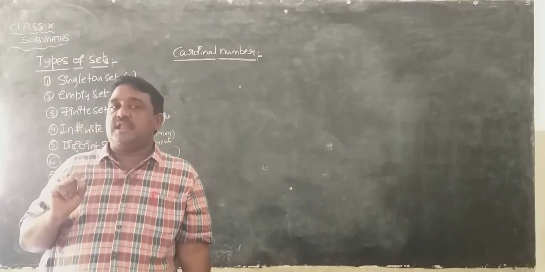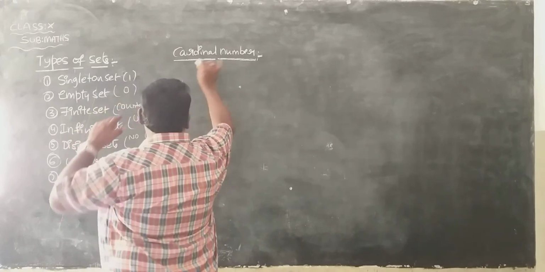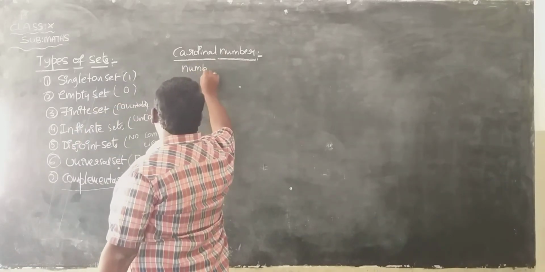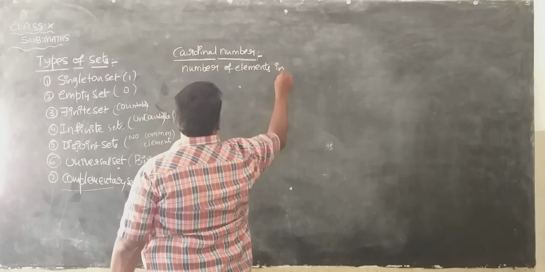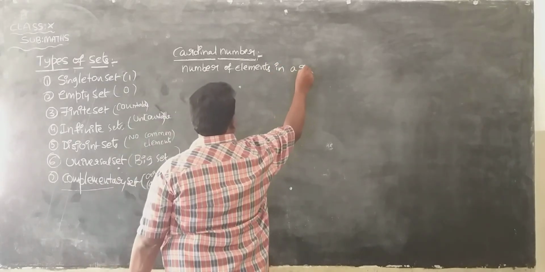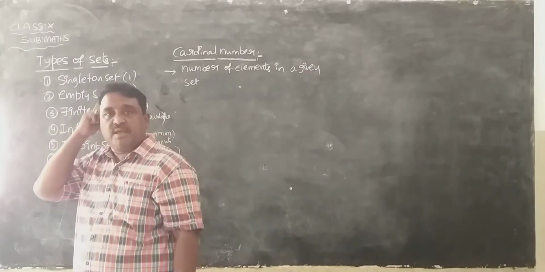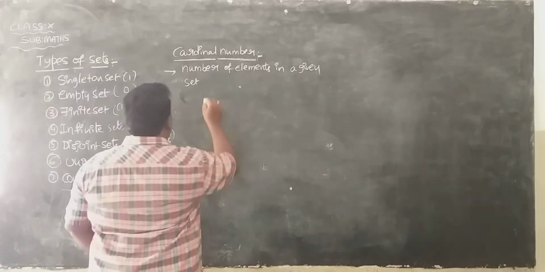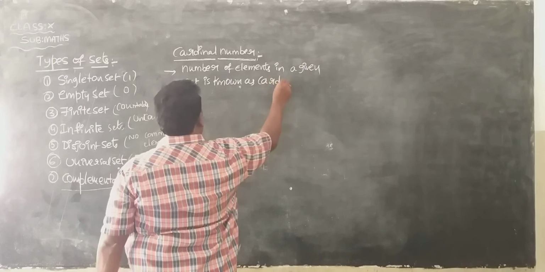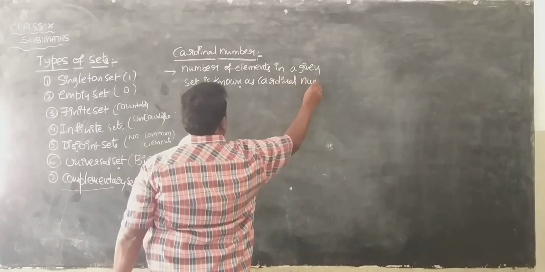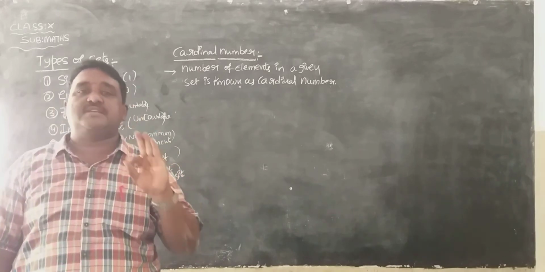So it is an important definition. Define cardinal number: number of elements in a given set is known as cardinal number.